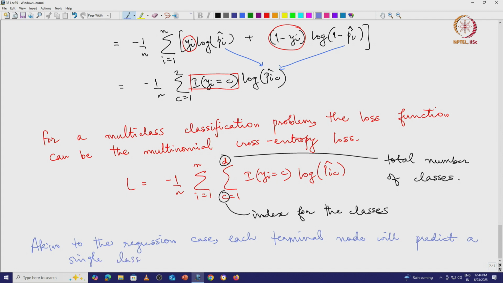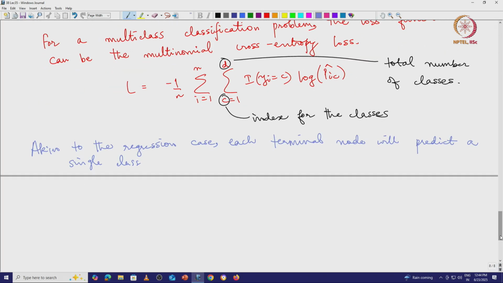And thus the loss function can be written as a sum over each terminal node, because every terminal node will predict a single class. We can just write the loss function as a sum over the regions, right.